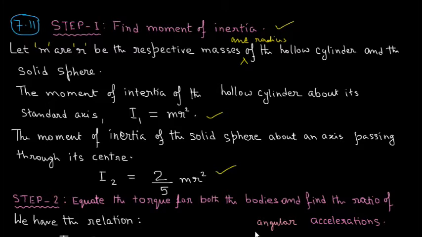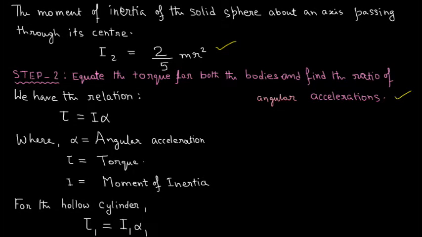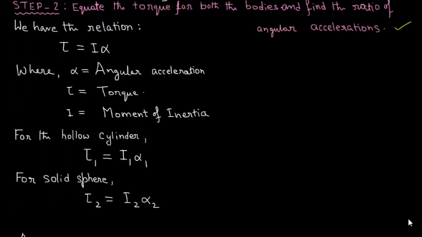In step 2, equate the torque for both the bodies and find the ratio of the angular acceleration. We have the relation tau is equal to I alpha, where alpha is the angular acceleration, tau is the torque, and I is the moment of inertia. For the hollow cylinder, tau 1 is equal to I1 alpha 1.